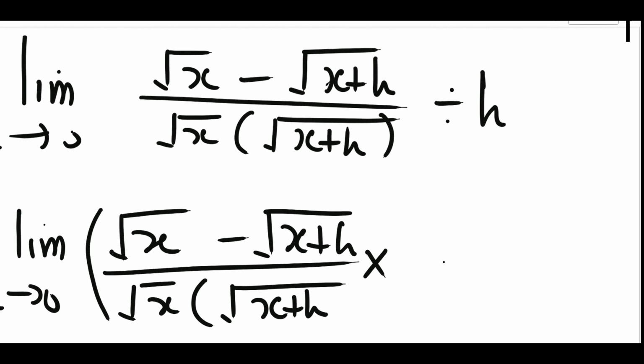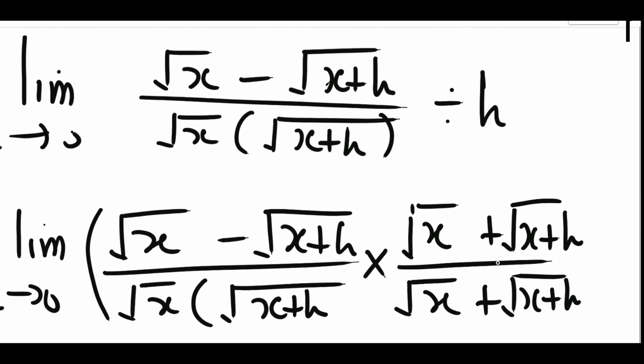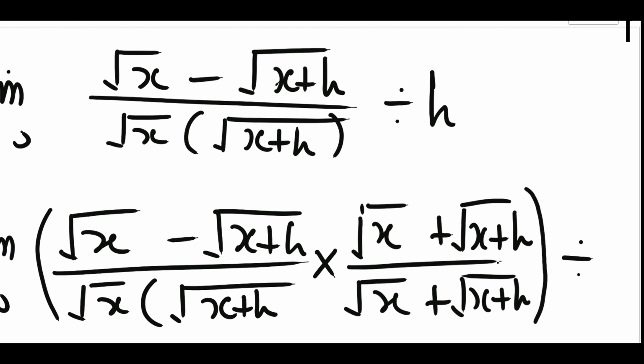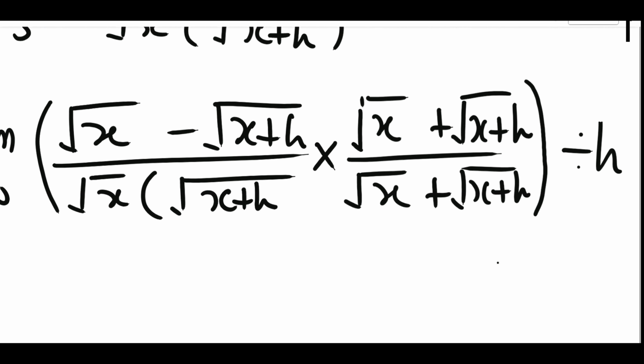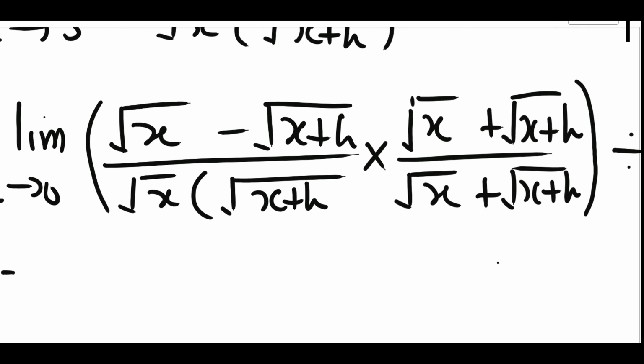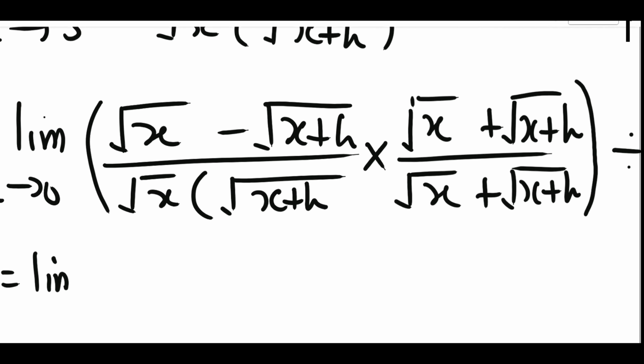So times the conjugate, we are going to get square root of x plus the square root of x plus h divided by the same thing, square root of x plus square root of x plus h. Then you close it nicely. Then you divide everything by h. Alright, so let us continue to work on it. You'll be getting the limit as h approaches 0.